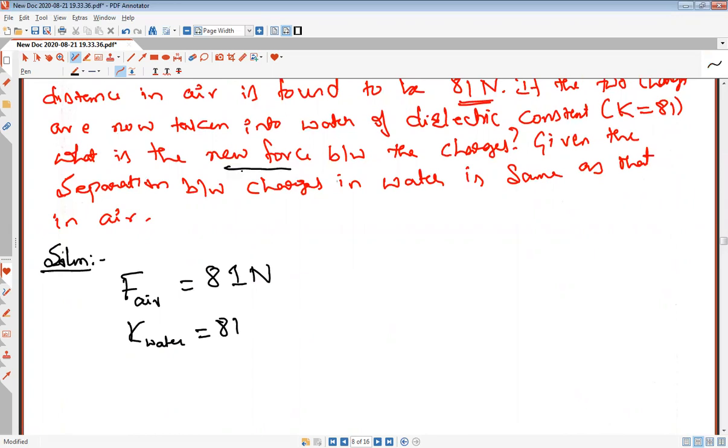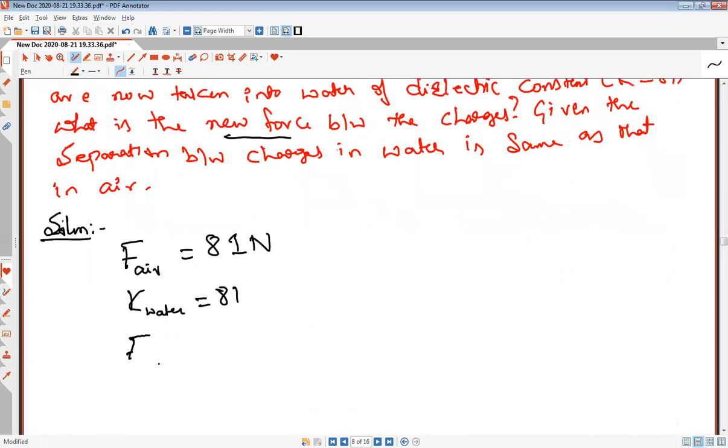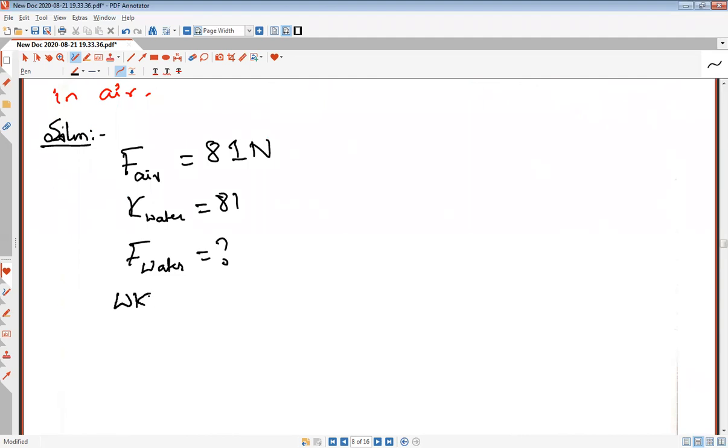We need to calculate what is the force between two charges in water. Right? See, we know that force between two charges in the medium is equal to force between two charges in air divided by K. It is given that force between two charges in air is 81 Newton, divided by dielectric constant 81.